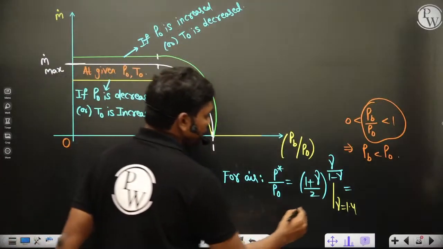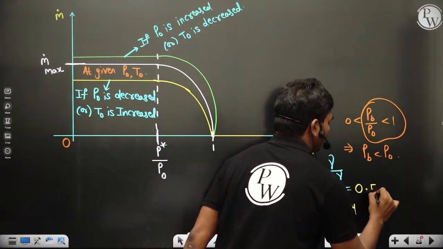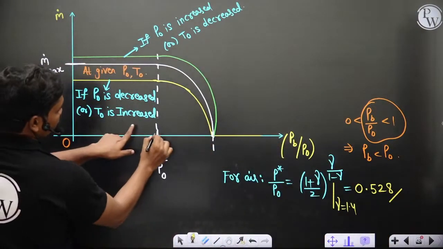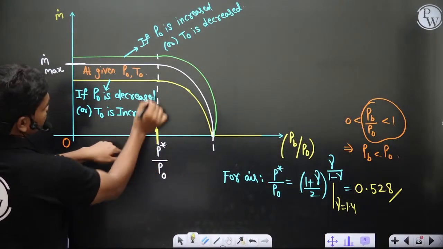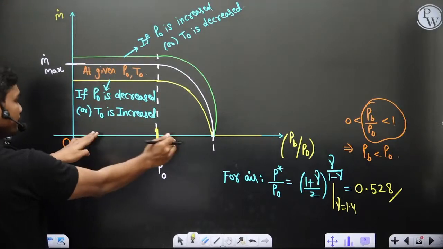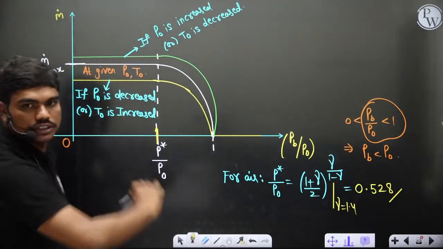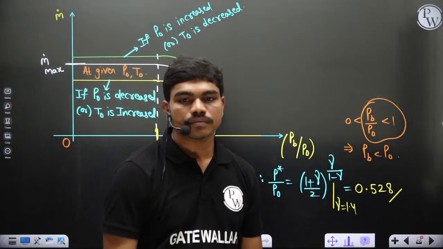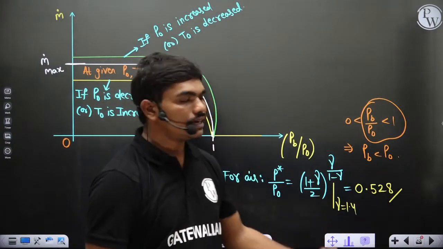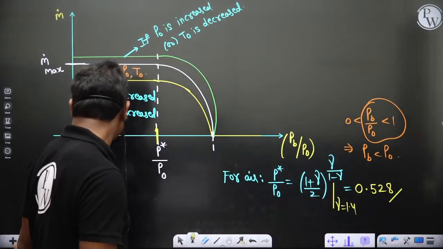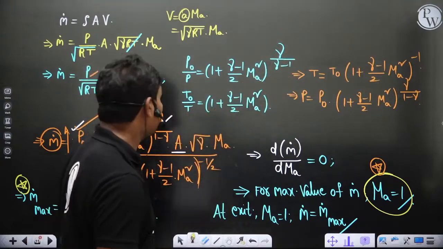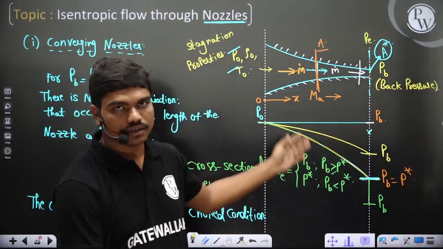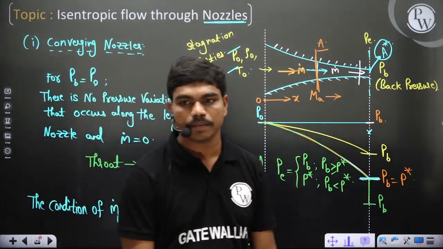Yes, at this value of 0.528, this will attain a maximum mass flow rate, and even if you decrease this further, the mass flow rate remains constant, because you cannot change anything beyond this point. It locks at m dot max.